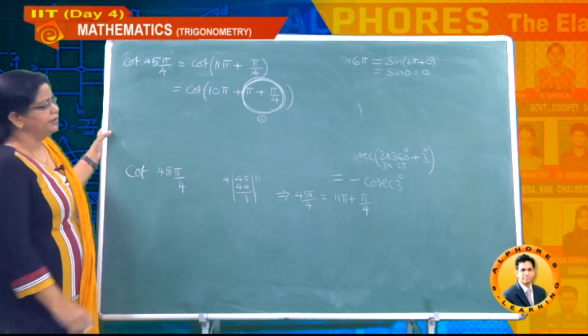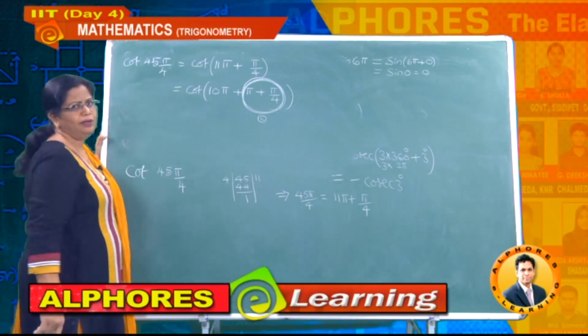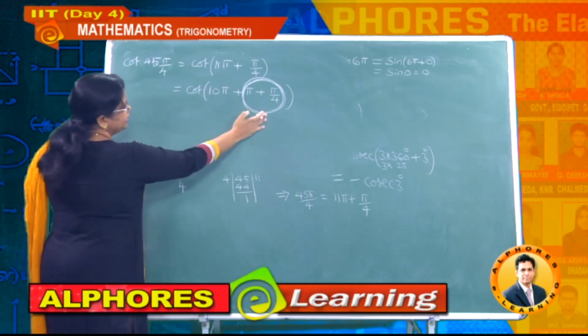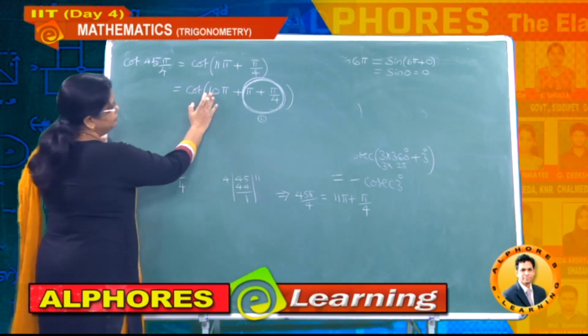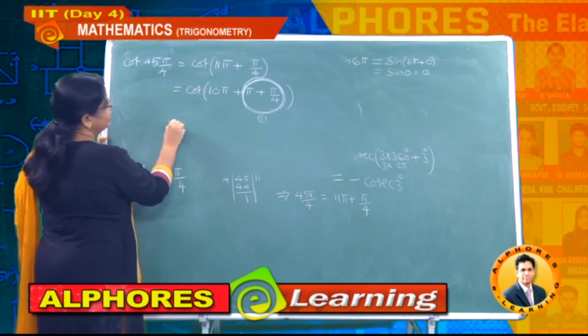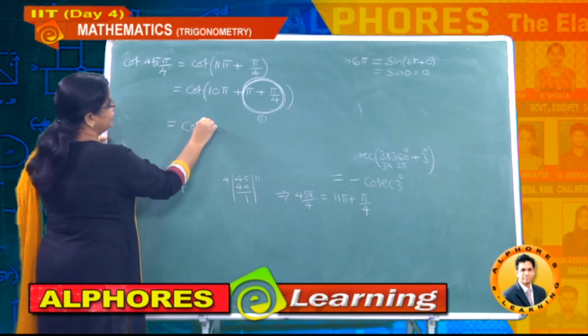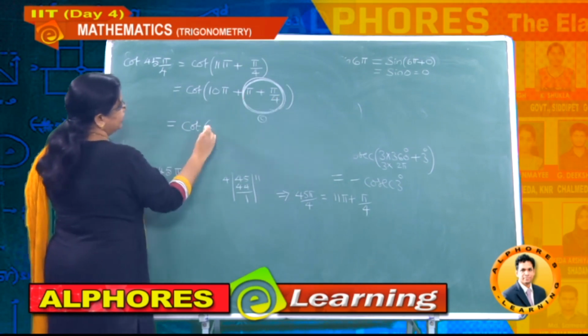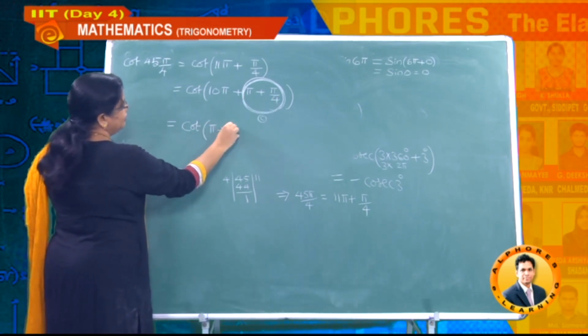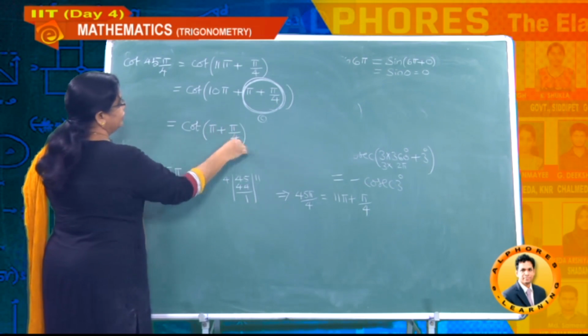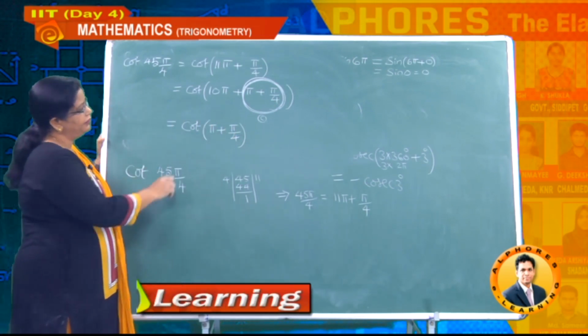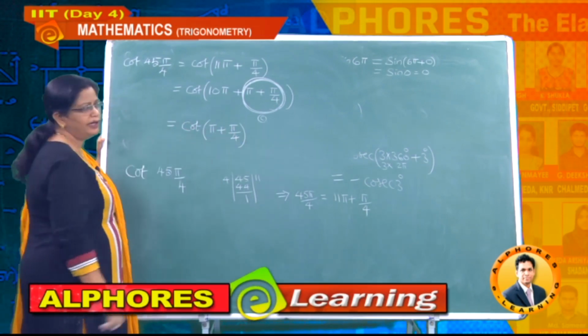Okay students. Now this is of what form? 2n pi plus theta. So 2n pi plus theta means you get exactly the formula, that is cot of, instead of theta we have here pi plus pi by 4. Okay. So pi plus pi by 4, again it is falling in which quadrant?